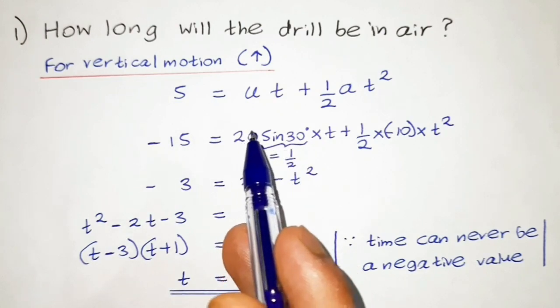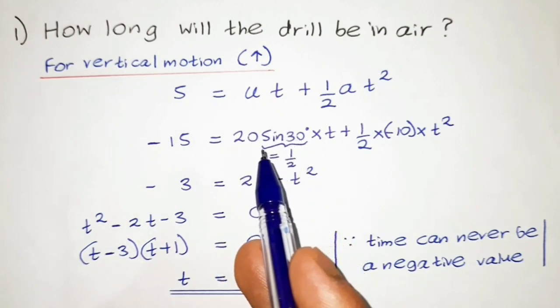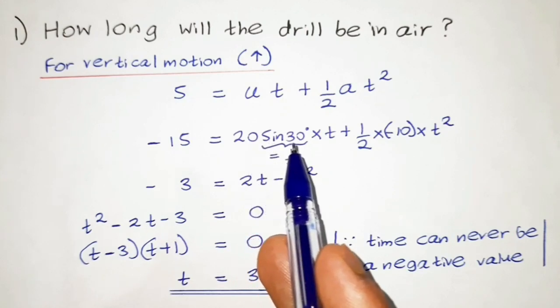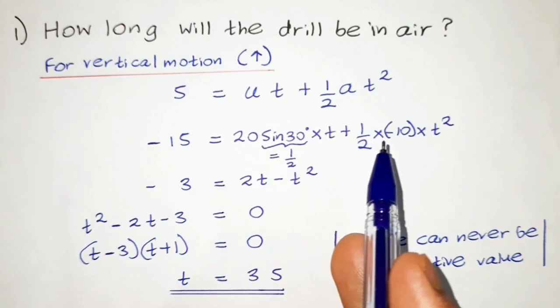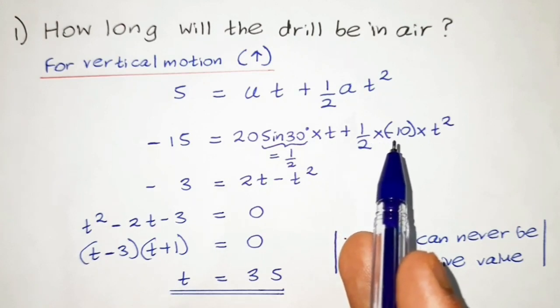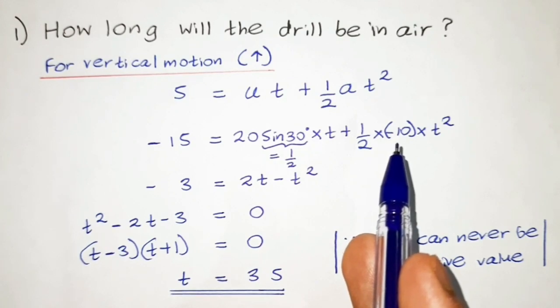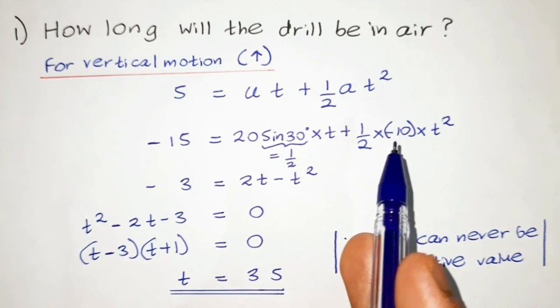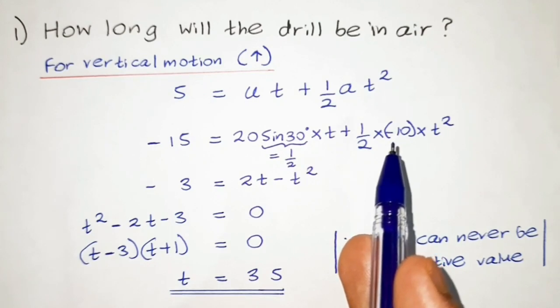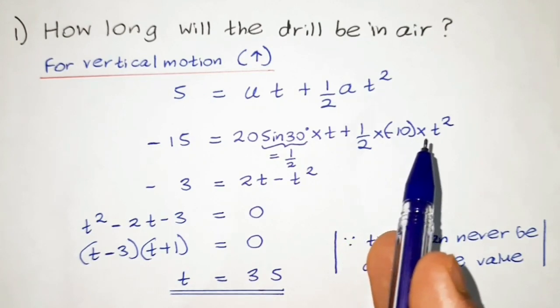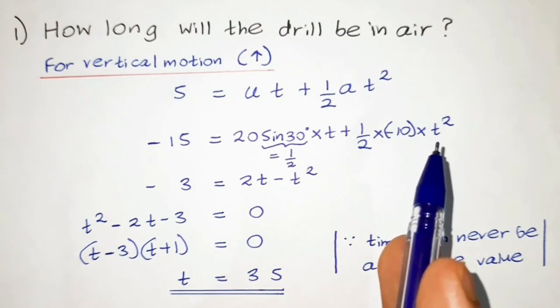This is because we have the vertical component of the initial velocity as 20 sin 30 times time t, plus half times minus 10, which is the acceleration due to gravity.